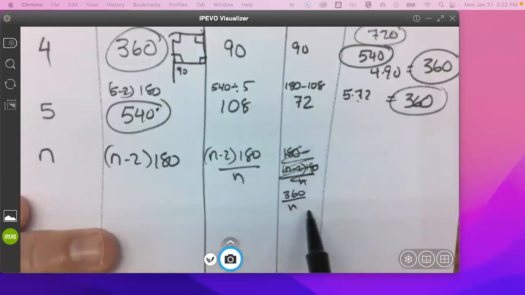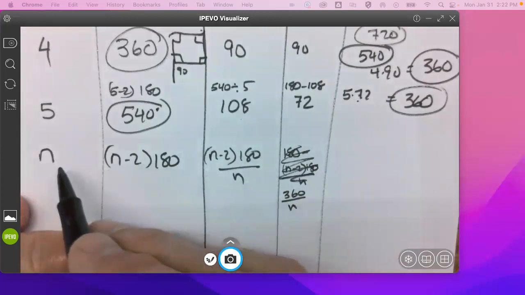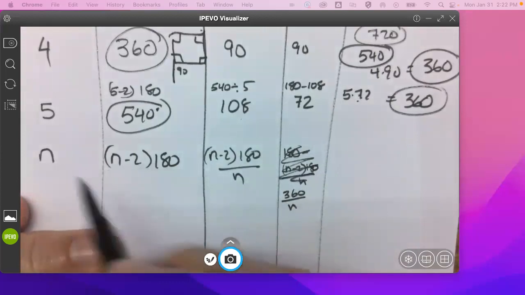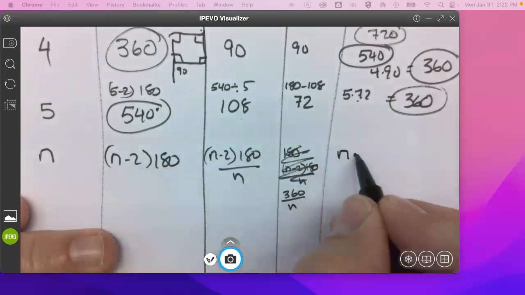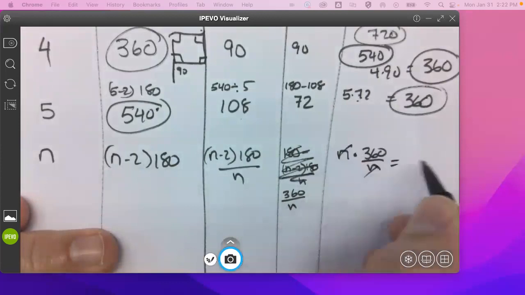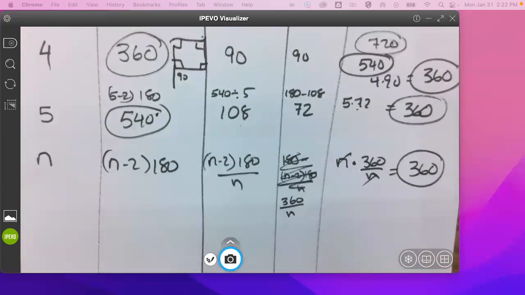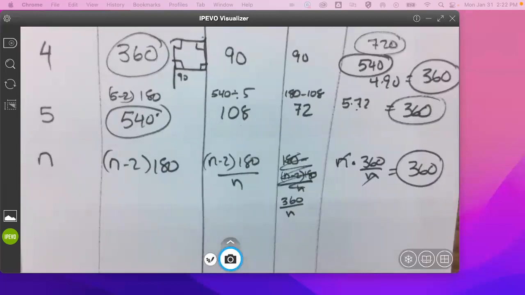How many exterior angles would there be in an n-gon? n, right? So n times 360 over n equals 360. Now we've proven it. Any polygon, if you add up the exterior angles, will always add up to a sum of 360.